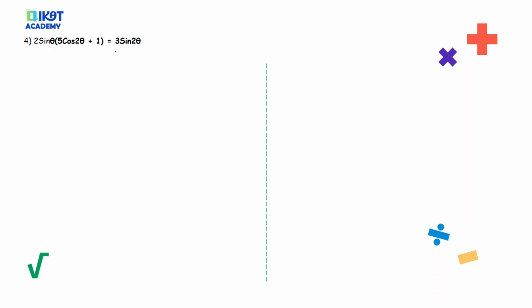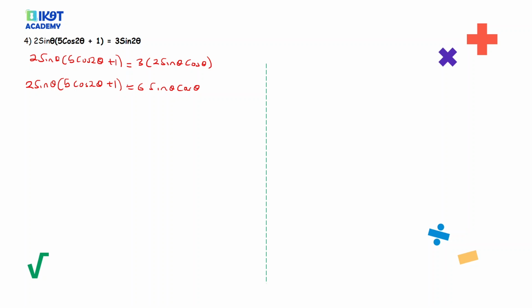So for this question, we can now say 2 sine theta into 5 cos 2 theta plus 1 is equal to 3 into 2 sine theta cos theta. So this becomes 2 sine theta into 5 cos 2 theta plus 1 is equal to 6 sine theta cos theta.